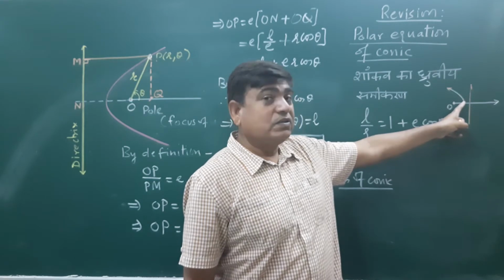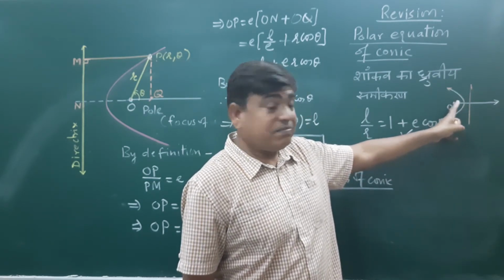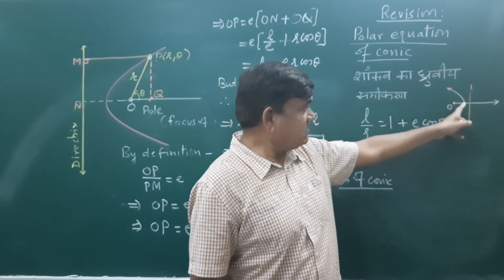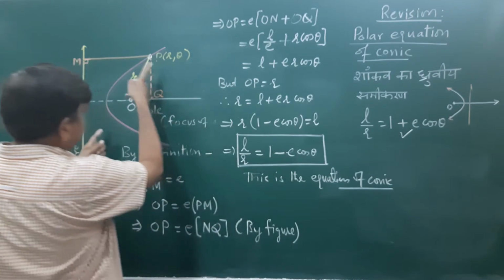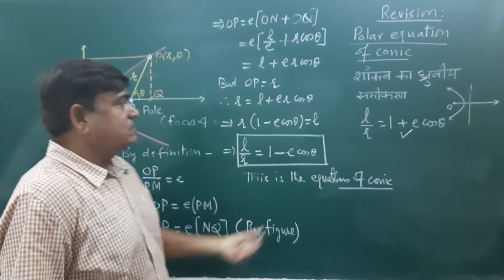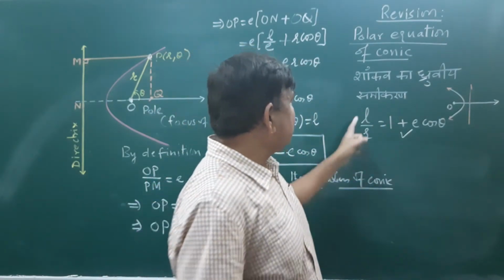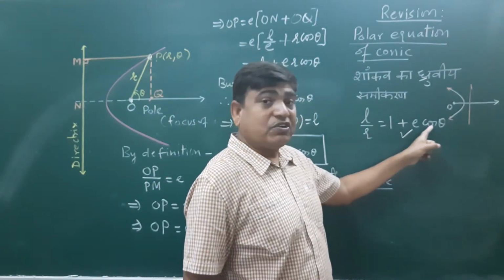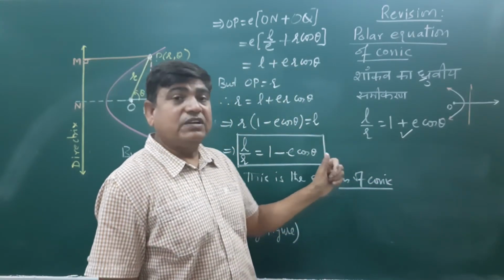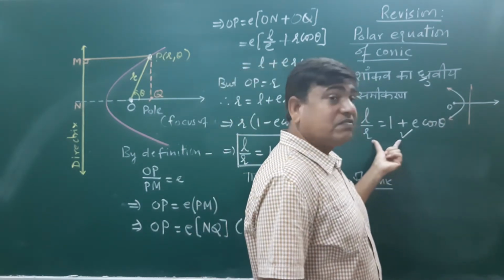This opens towards the pole. You can see towards the pole. Here we have the focus also. So it is just this side, and if it is this way, then it's the initial line. You know that. So the polar equation of the conic, you can consider L by R equals to 1 plus E cos theta, or you can consider L by R equals to 1 minus E cos theta. So when we have this type of situation, the answer will be this.